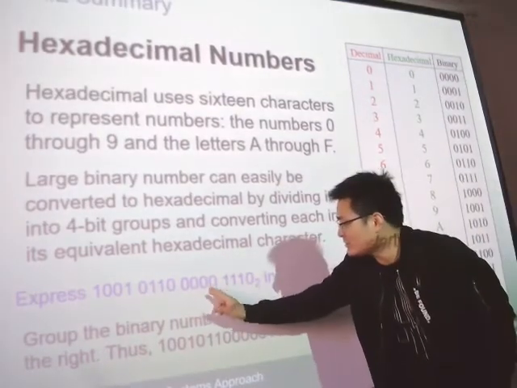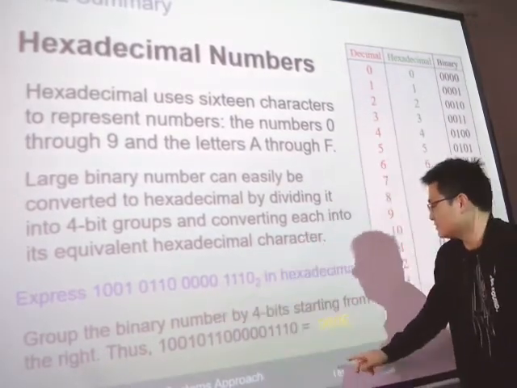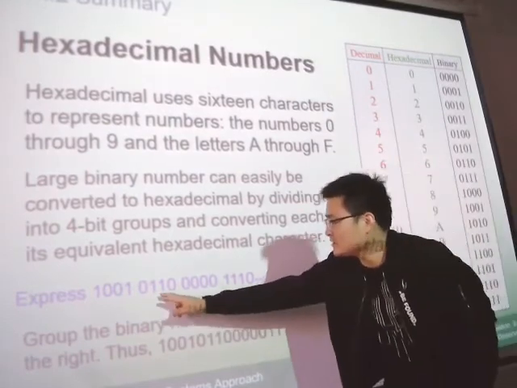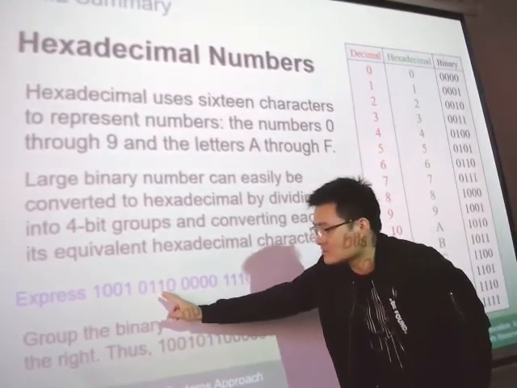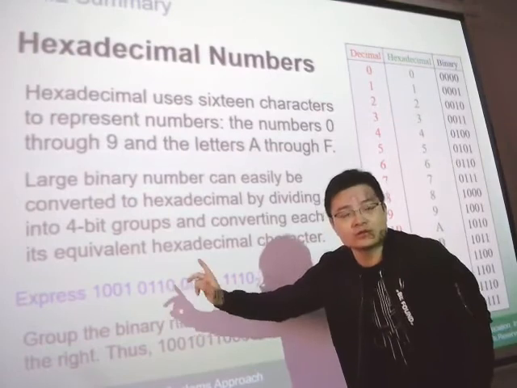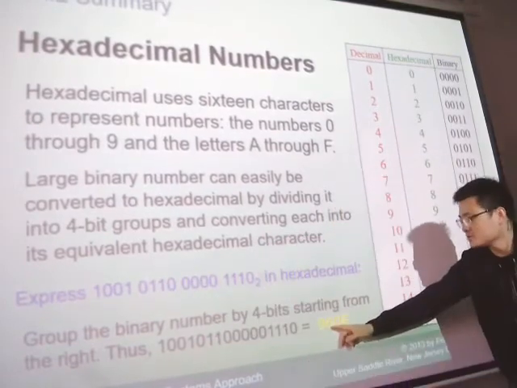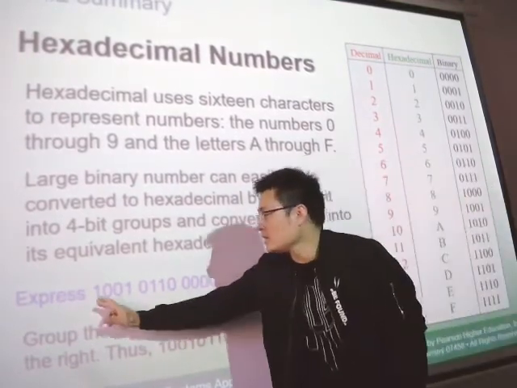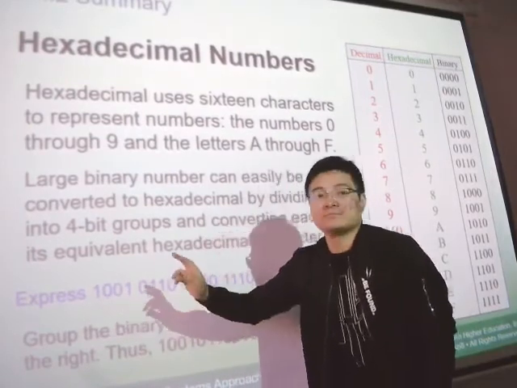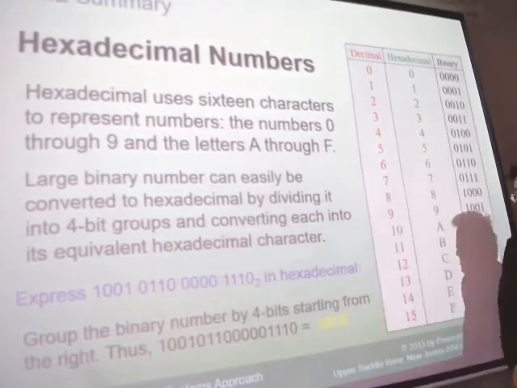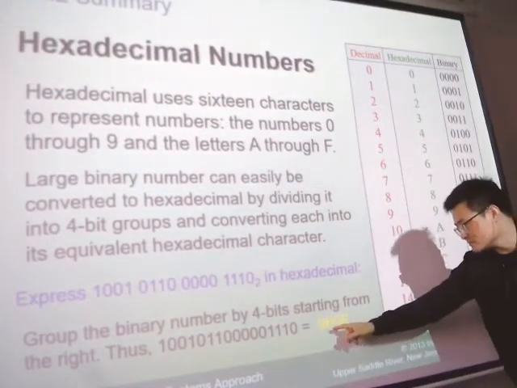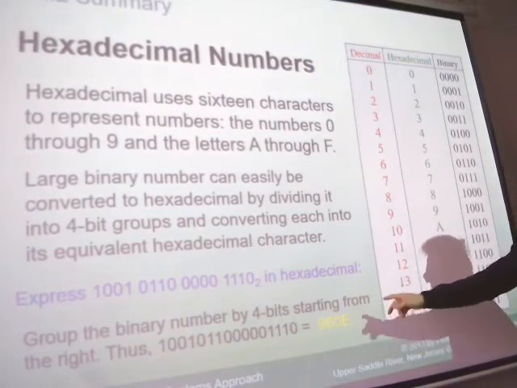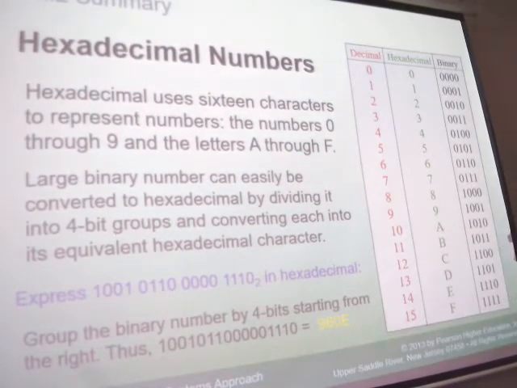And 0, 0, 0, 0 represents 0, so it's 0. And 4 plus 2 is 6, so it's 6. And 8 plus 1 equals 9. So the hexadecimal number is 960E.